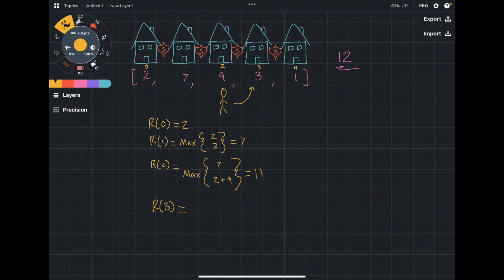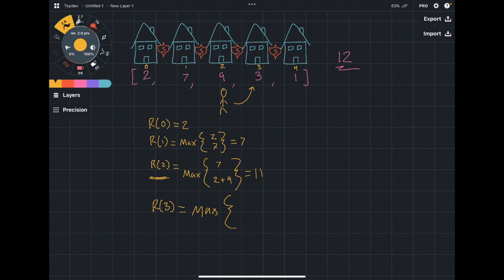Well, I know from my previous example that I've already potentially considered robbing house number 2 here, and it would give me 11. So we're going to want to maximize our profit. And I already know that at house number 2, my profit for robbing house number 2 would be 11.